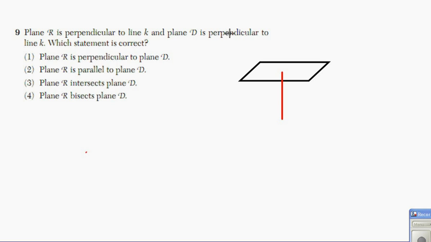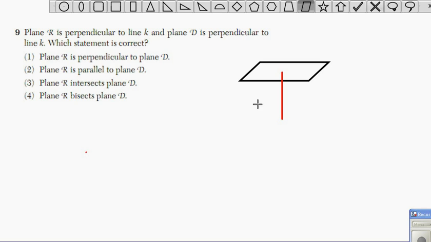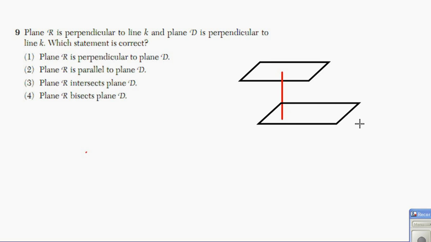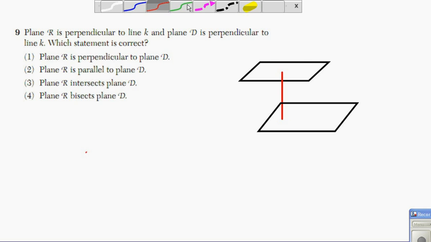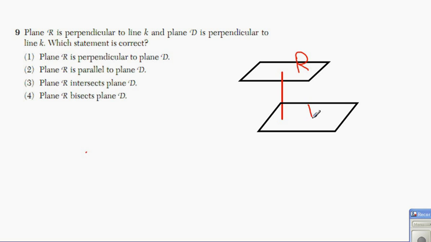And plane D is perpendicular. Now, if plane D is perpendicular, then what's going to happen is this. We're going to have another one. So in other words, this is R, this is D. If they are both perpendicular to the line, then they are parallel to each other.